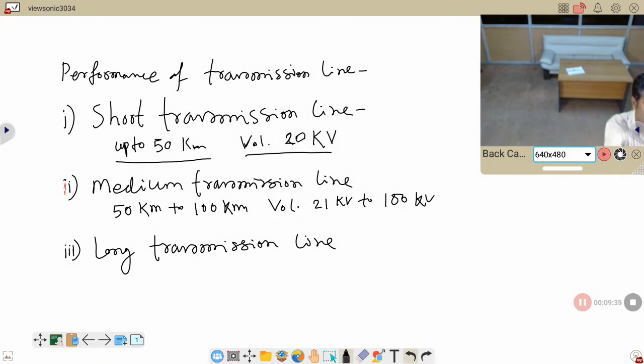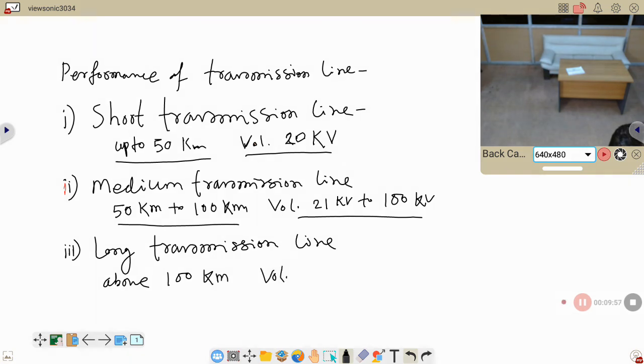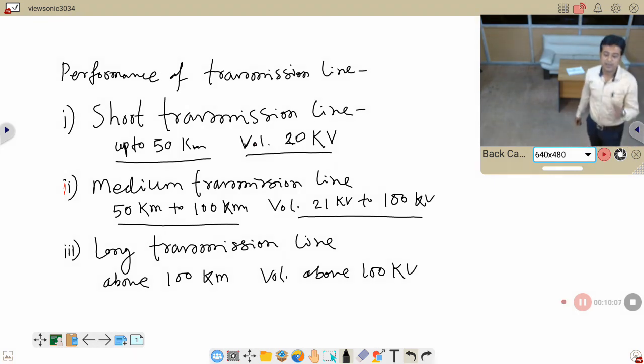So you see, the length is increased as well as the voltage level. And if the length of the transmission line is above 100 kilometer and the voltage level is above 100 kV, then we consider it a long transmission line.